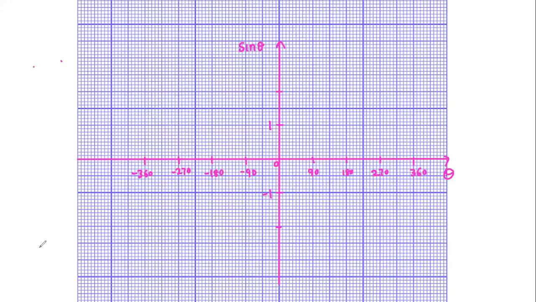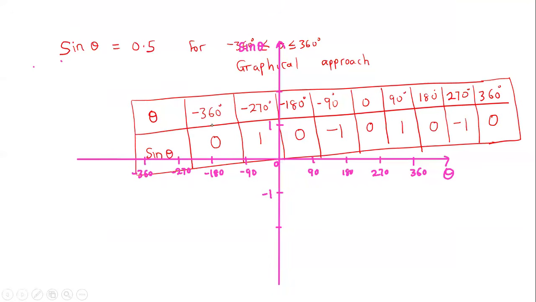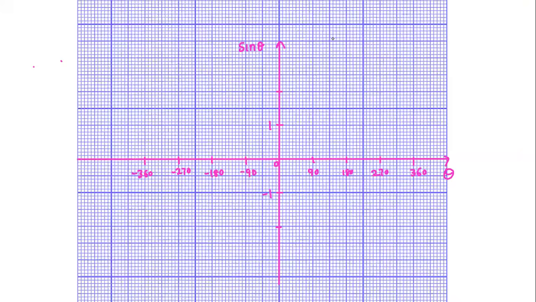Now we plot. When you look at our table, when we are plotting, the first value we had was negative 360 and 0. So I'm going to come here and I plot. Let me use negative 360 and 0. When you look at my plotting, it's going to be here.